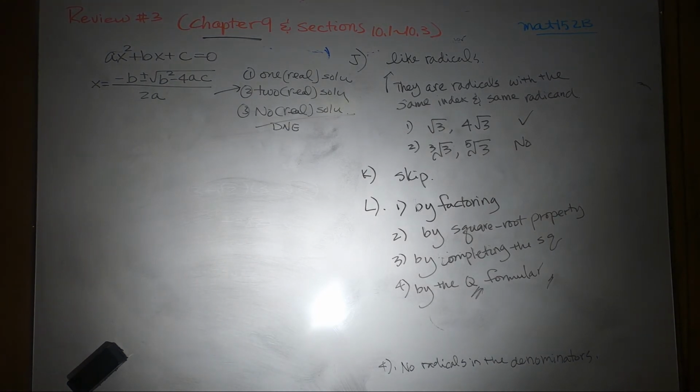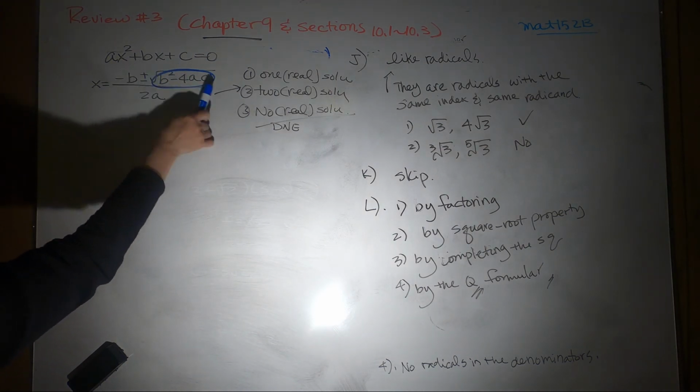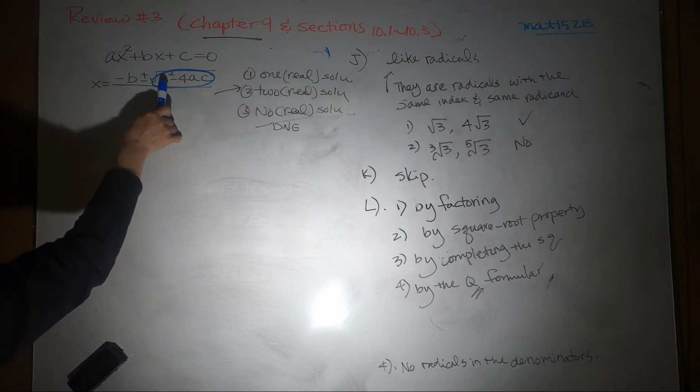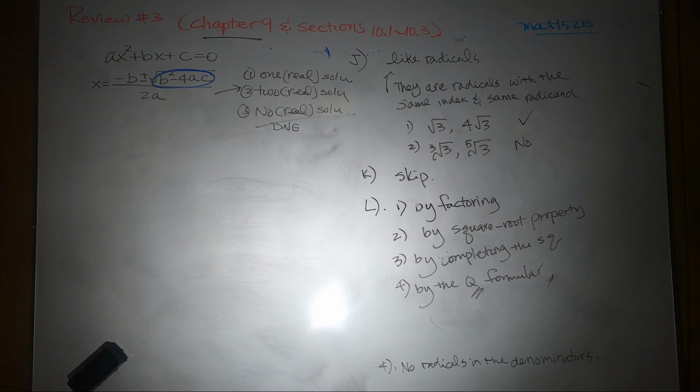But we also said what will happen? You can just use the inside to decide, because if it's a 0, you don't have the plus or minus, you have one solution. If positive, you have plus or minus, you have two solutions. If it's a negative, it doesn't exist, you don't have a solution, right?